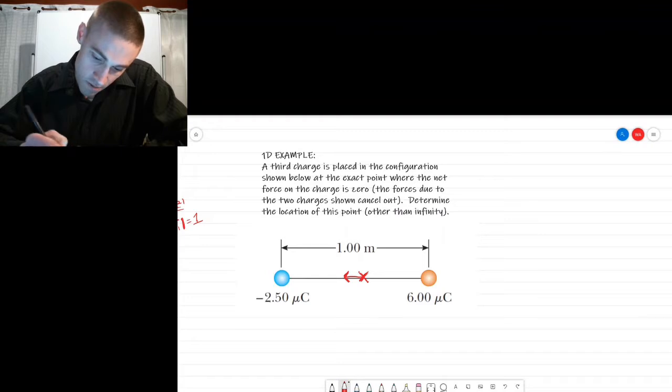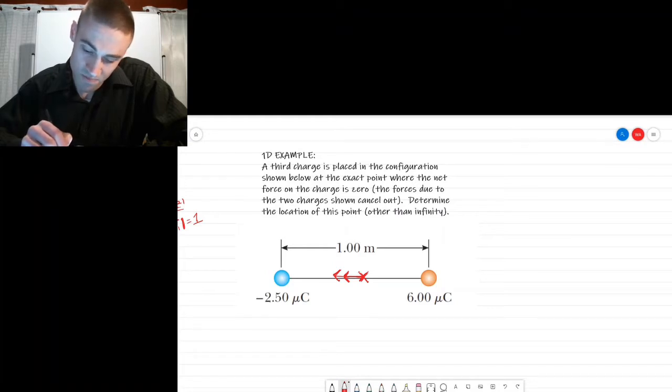It would be repulsive. And this object would also exert a force in the same direction, right? Because the negative charge would then attract this positive charge. So both forces would be in this direction here, off to the left. So that can't be right, right? The force can't be 0 if that's the case, so that can't be right.